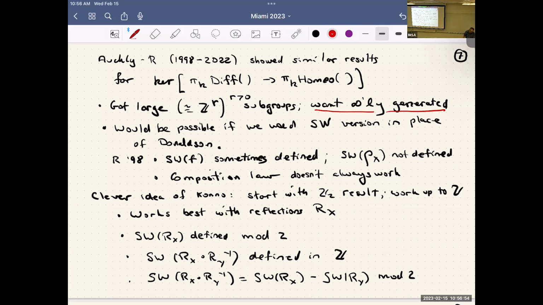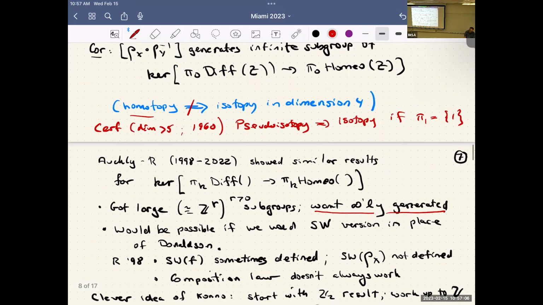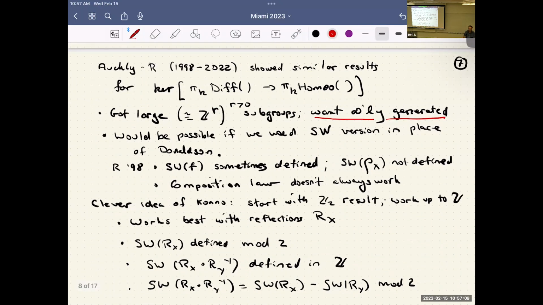I won't go through the technicalities of why one theory is better or worse for this, but roughly speaking, if we could take the results from the previous page and combine them with the recent results about these higher homotopy groups and do it with Seiberg-Witten invariance, then as it turns out, we had a method. We had a method sitting in our pocket for a couple of years to prove that all these such kernels are infinitely generated.